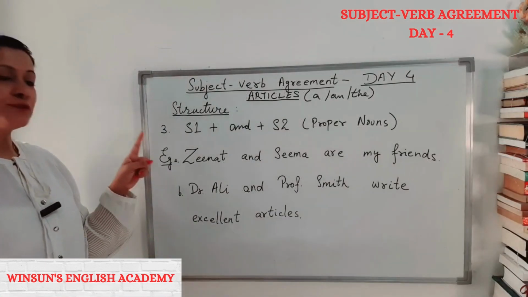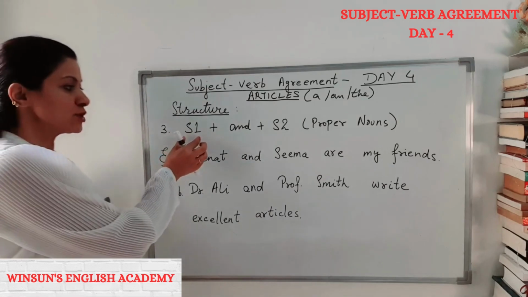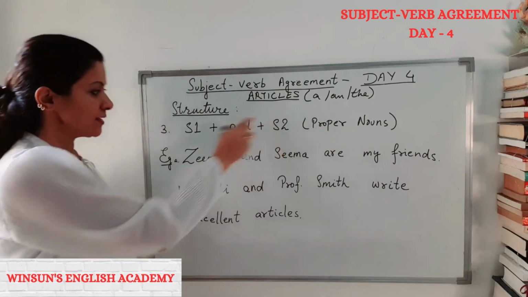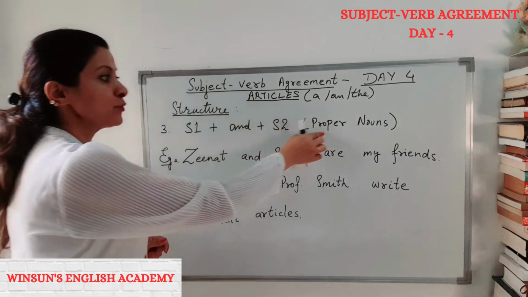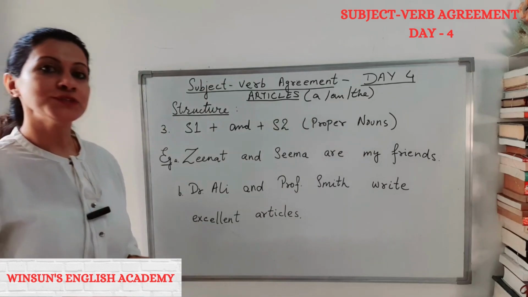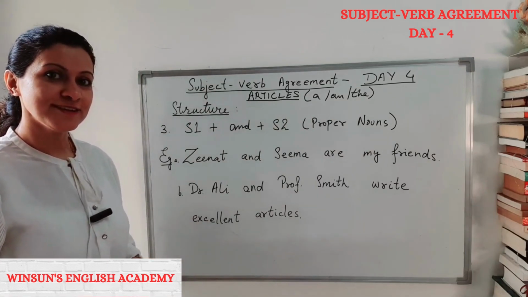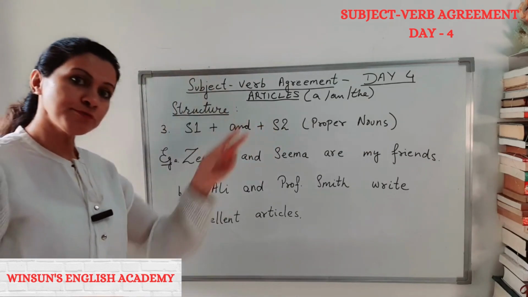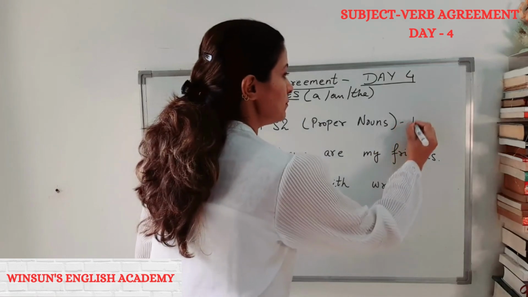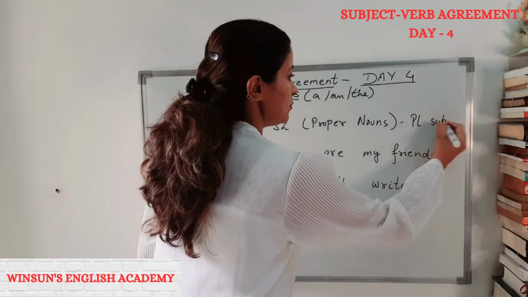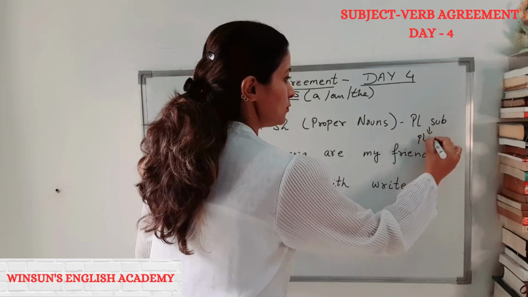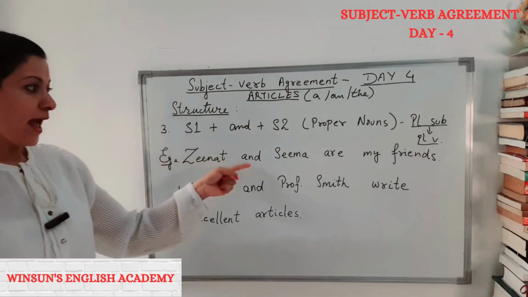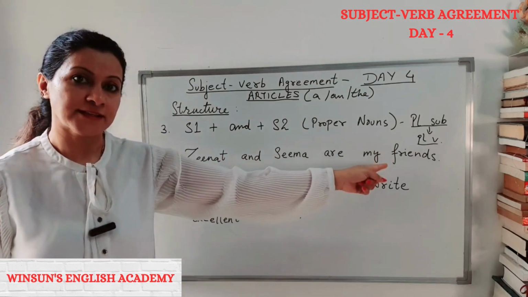Now, according to rule 3, if we have subject 1 plus and plus subject 2, but these two subjects are proper nouns, what do we do then? Are they plural or singular? Of course plural, right? Because they become two different names, two different people. Okay, so they become plural subjects, and plural subjects take plural verbs. Let's look at these examples now. Zeenat and Seema are my friends.